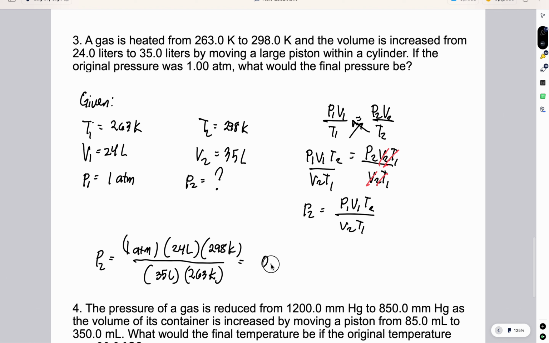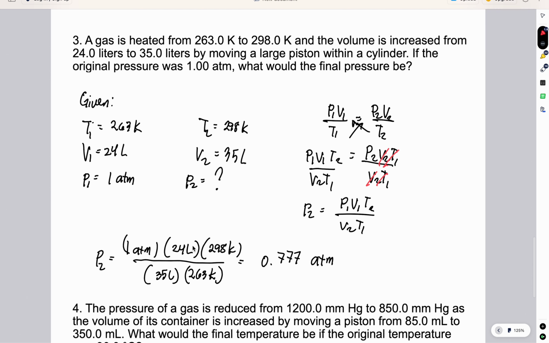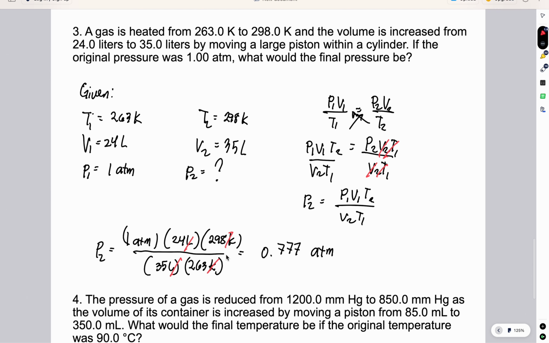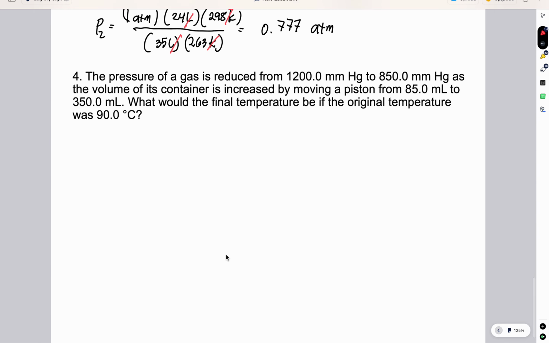We have 0.777 atm, since we cancel this out: liters, Kelvin, Kelvin. Okay, the final pressure is 0.77 atm.